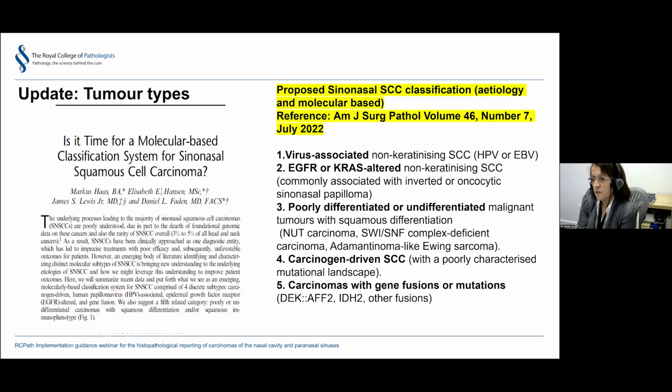And they have subclassified these tumors based on etiology, whether it's virus associated, such as HPV type and EBER type tumors, or if it is based on EGFR or KRAS alterations. For example, those SCCs arising from inverted or oncocytic sinonasal papillomas. And then you have the poorly differentiated or undifferentiated tumors, which have alterations such as NUT carcinoma.